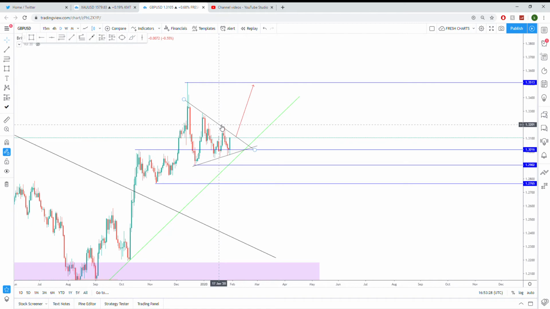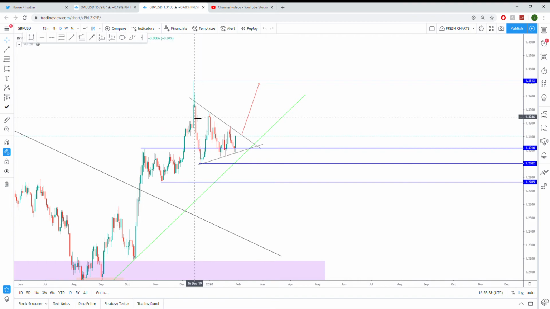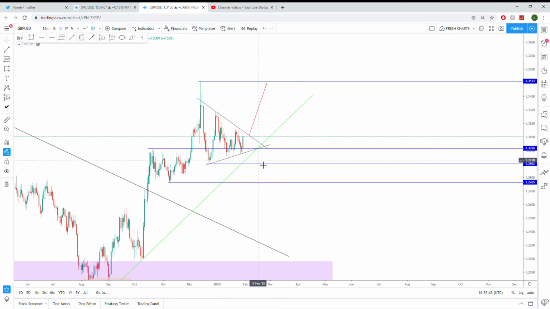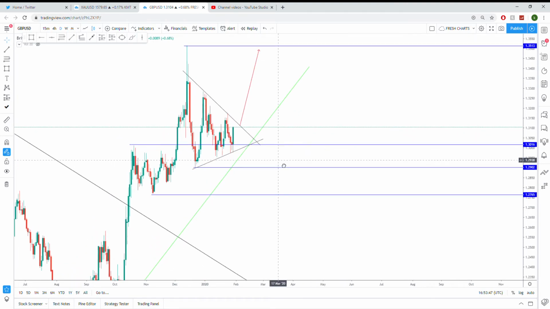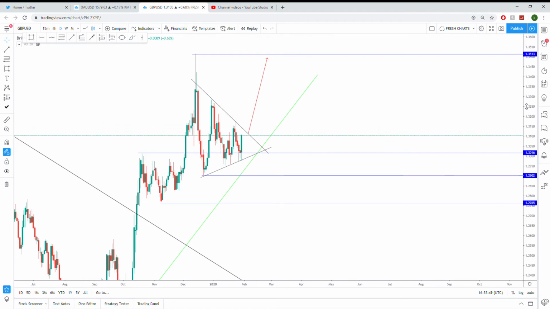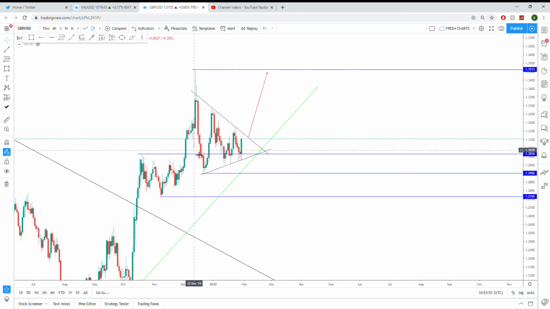I don't really go into it too much, I purely focus on the technical side, but I didn't need to know the fundamentals to see that this pattern was occurring. But when you match up both together, it makes much more obvious sense that this is essentially the Brexit indecision coming into play.